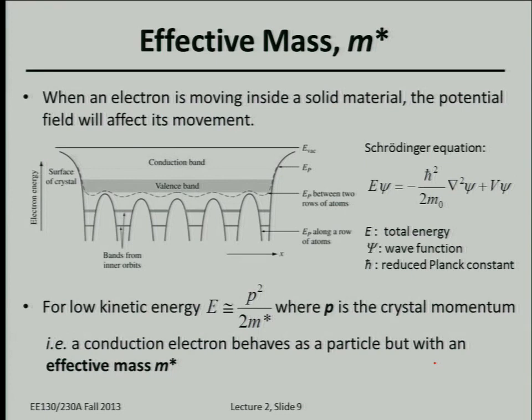Most of the time, electrons moving in a semiconductor don't have a lot of kinetic energy. It's all relative, but they're not moving all that fast on average. So it's easier to solve this Schrodinger equation if we simply assume there's no crystal. The V term, the second term, goes away, but we modify the m: instead of m naught, we have m star.